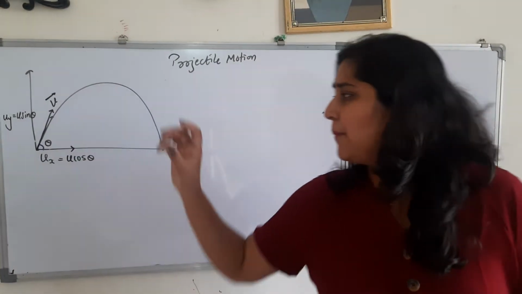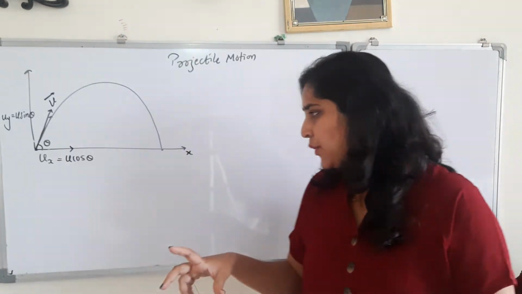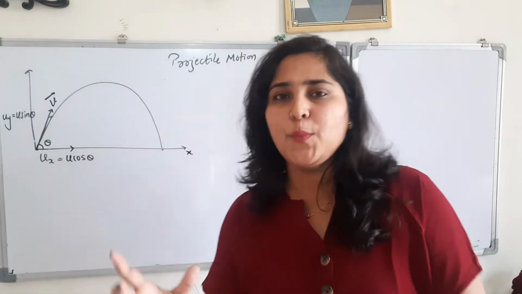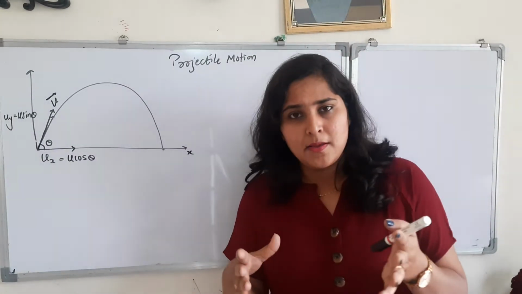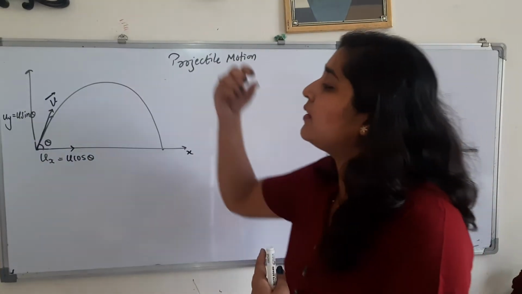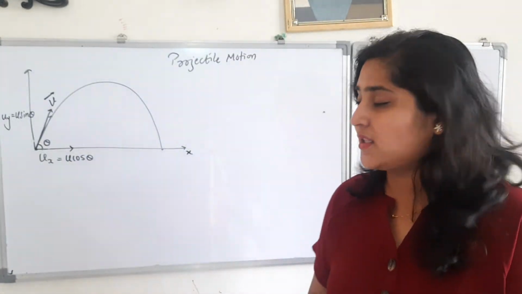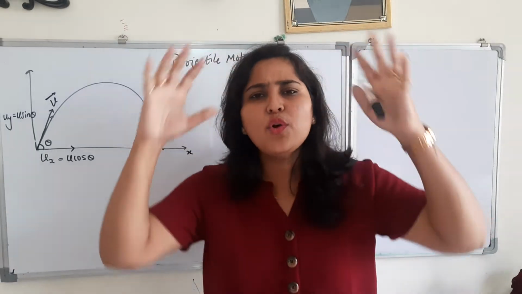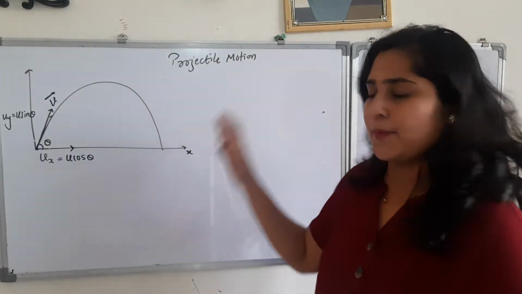See, now I will make some basic things in a table for you, which is, we can say, a trick to projectile motion. Once you have the knowledge of that table, meaning if you know the displacement along x and along y, and what the velocity along x and y will be, you can get the knowledge of anything for projectile motion.